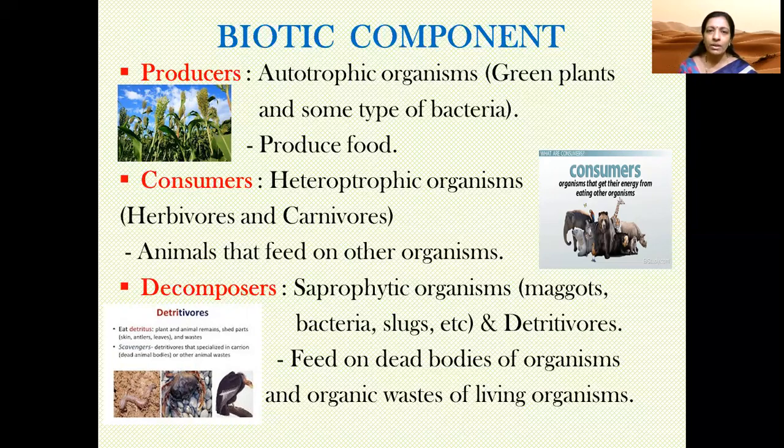So biotic components consist of three main kinds of living organisms. They are producers, consumers, and decomposers. Producers can produce their own food, so they are usually all kinds of plants and bacteria. Consumers are those animals which depend on other organisms for food.